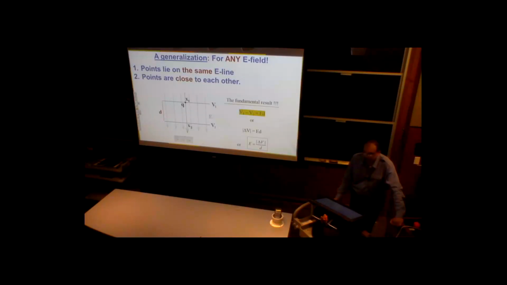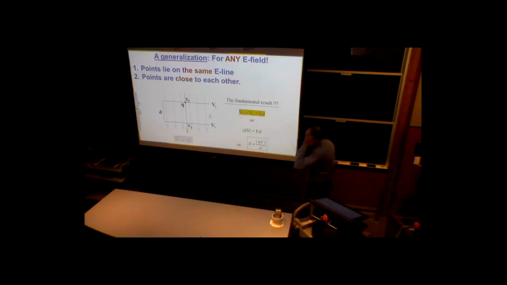Well, now we make a generalization. Very simple. Even if electric field is not exactly uniform, if those 2 points are located very close to each other, we can still treat electric field as almost uniform and use exactly the same relationships.